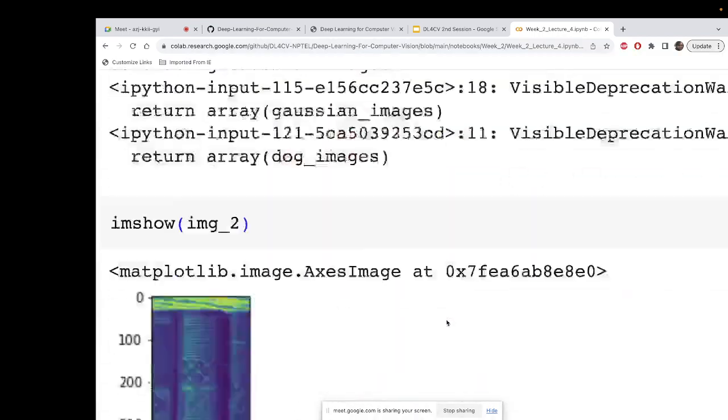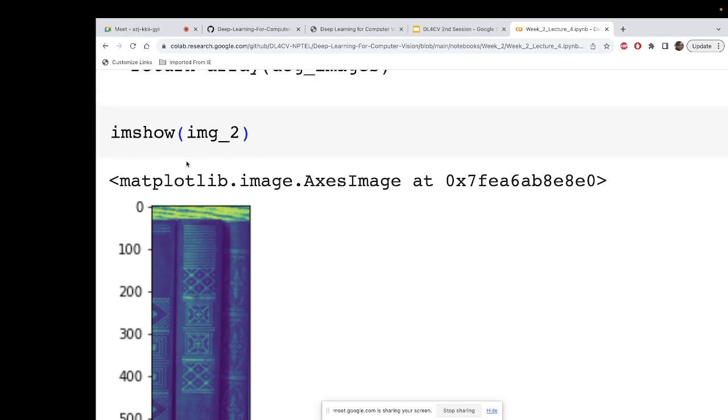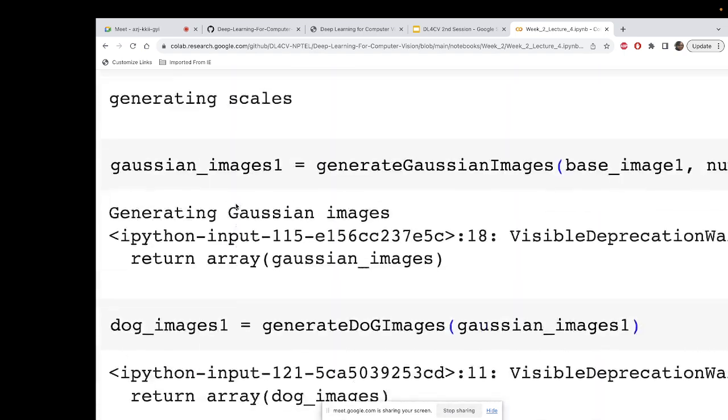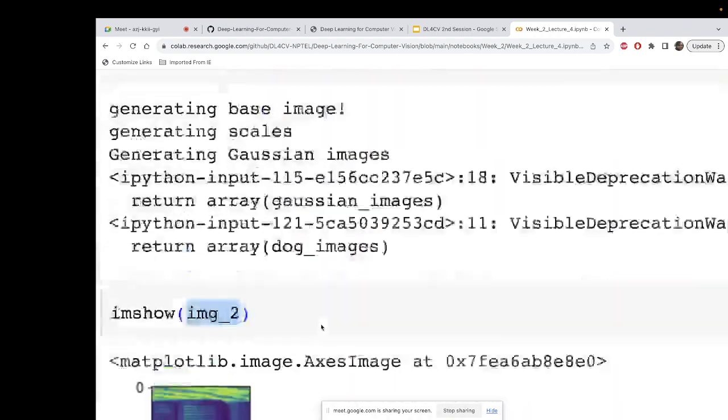Now suppose another image is given to us, denoted by image underscore 2. I hope you realize that this consists of a snapshot of the previous image. It is just 3 books out of the stack of books that we saw there. So the second image is a subset of the first, a snapshot of the part that I showed.